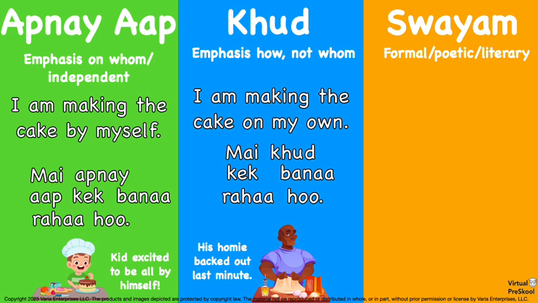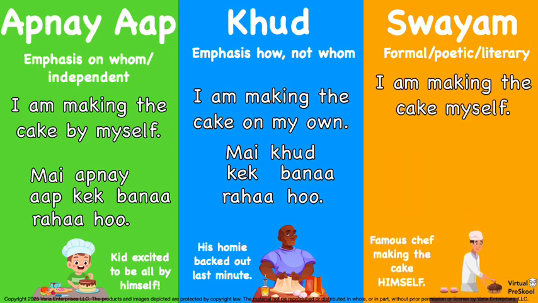And lastly, let's look at swam. This one again is more formal and used in formal writing and poems, but it can also be used to show emphasis, for example, on who made the cake or who did the action. Maybe it's someone unexpected or someone special. So the sentence would be, I am making the cake myself.